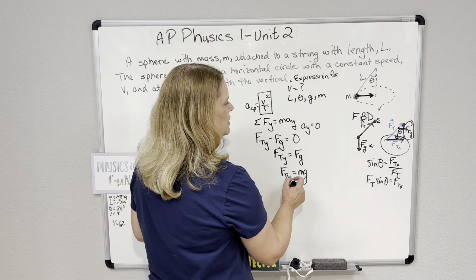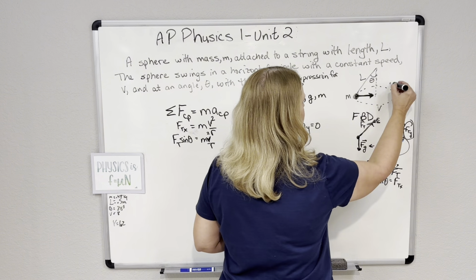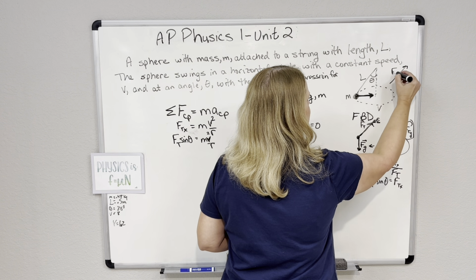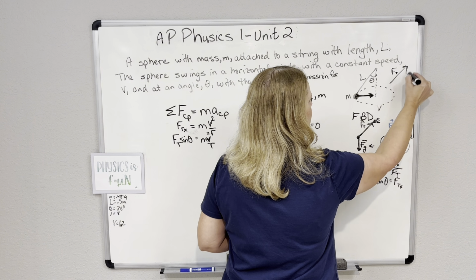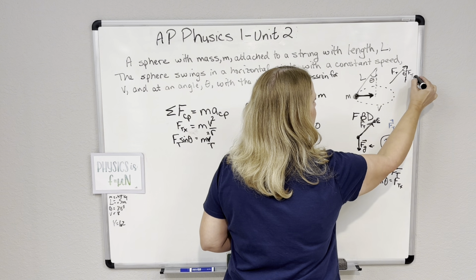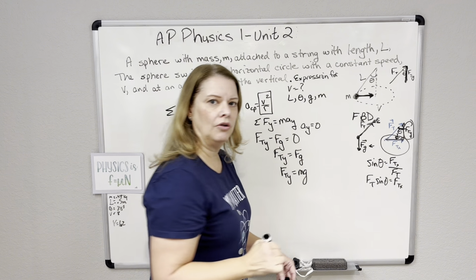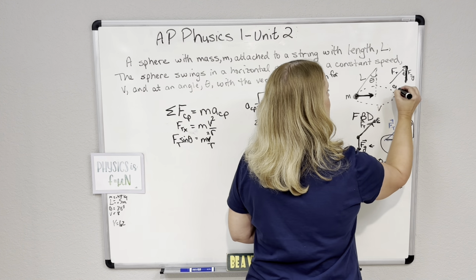So my force of tension in the y, look, here's the angle. If I try to blow this up one more time, this is my force of tension, and then this is my angle theta. This is my force of tension in the y. That is adjacent to that angle. All right, so that would be cosine.